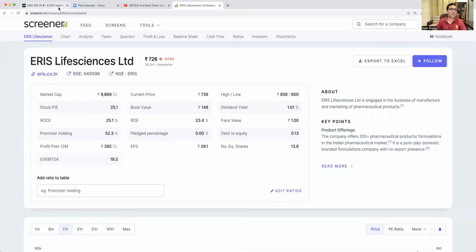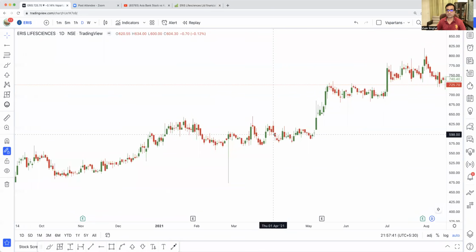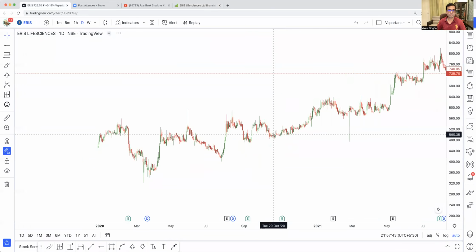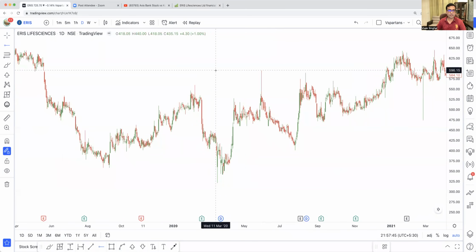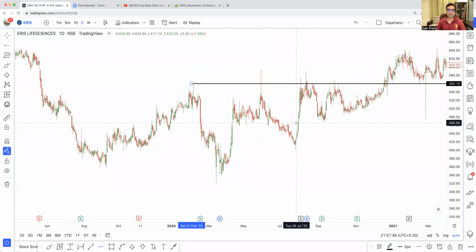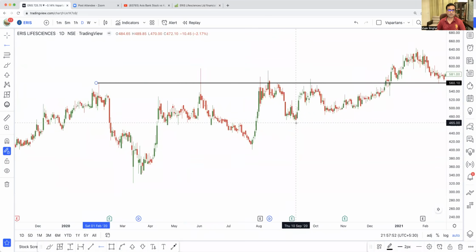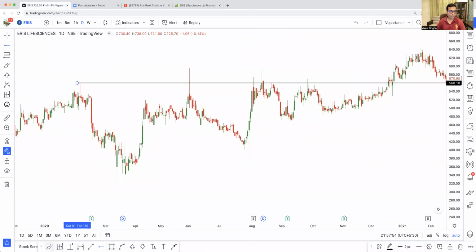So in Eris Life Science, there is a cup with handle pattern like this. Here, if you see, we are ignoring a lot of wicks, but only wicks.